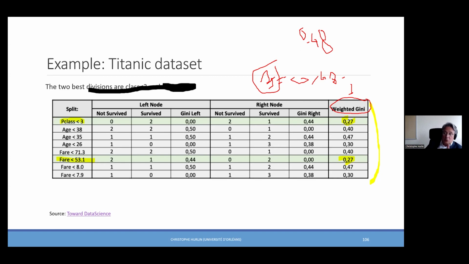So I can use one of them. There is no particular reason to privilege one over the other. But this will be my first variable for the first node. And then I will use here, for instance, the class. On the left, I have the first class. On the right, I have the third class.